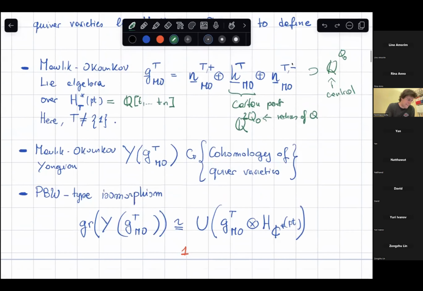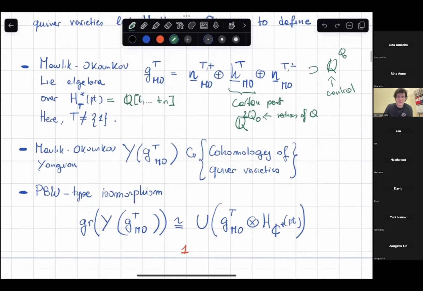So the filtration is not of geometric origin. The filtration is in a sense of geometric origin, in the sense that somehow this Yangian will be obtained. So the Yangian, I will explain it later, will be reconstructed from the R matrices essentially, so from the braidings of the category of representations.